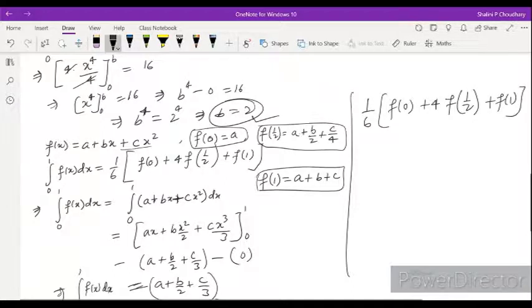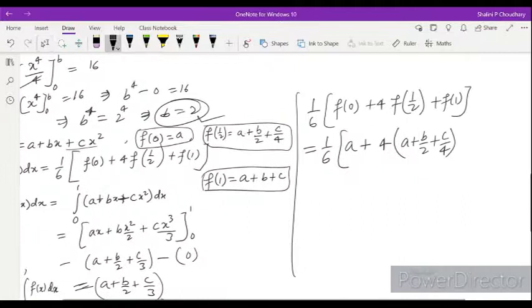So this will be equal to 1 upon 6 into f0, whose value is a, plus 4 into f of 1 upon 2, whose value is a plus b upon 2 plus c upon 4, and plus f1, whose value is a plus b plus c.